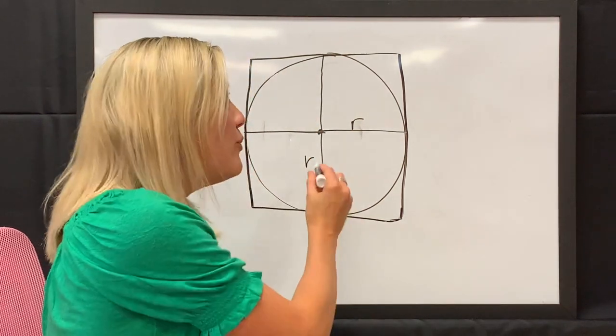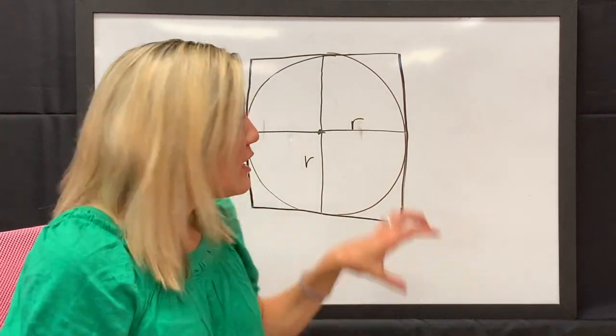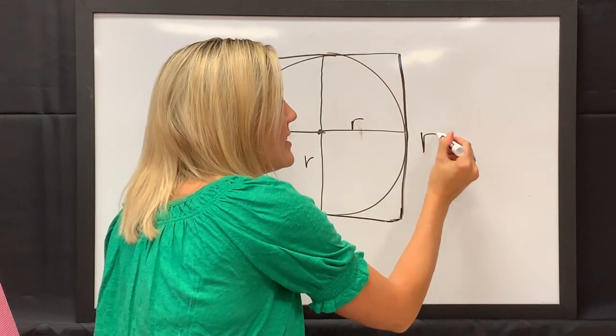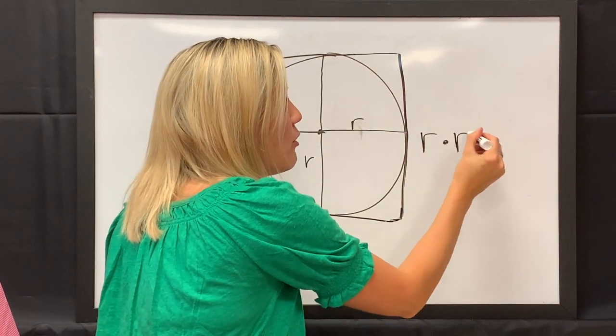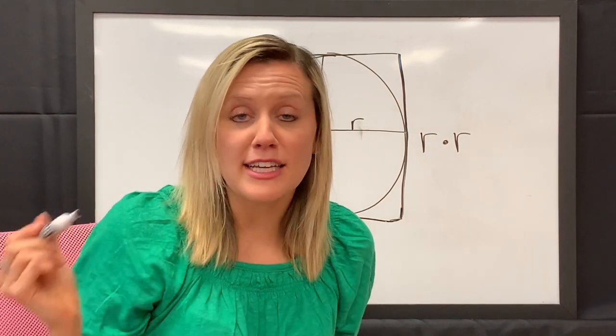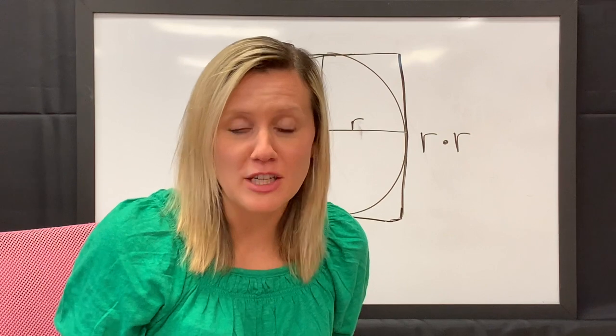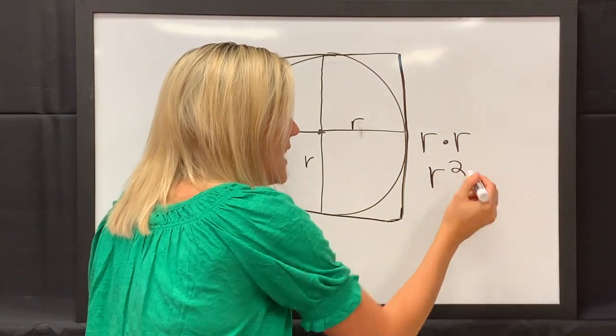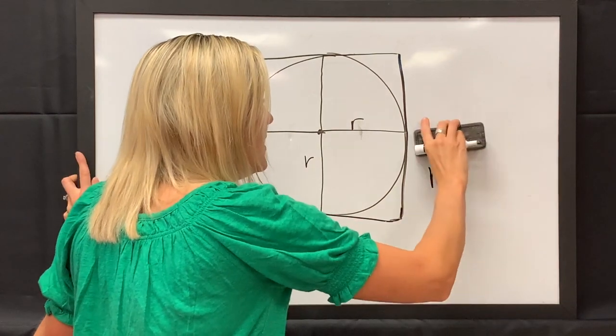So if we wanted to find the area of that little square just down here, we would just take our radius and multiply by our radius. Another way to write that is radius squared. That means radius times radius. So I'm going to write that right here. It looks like that. Okay.